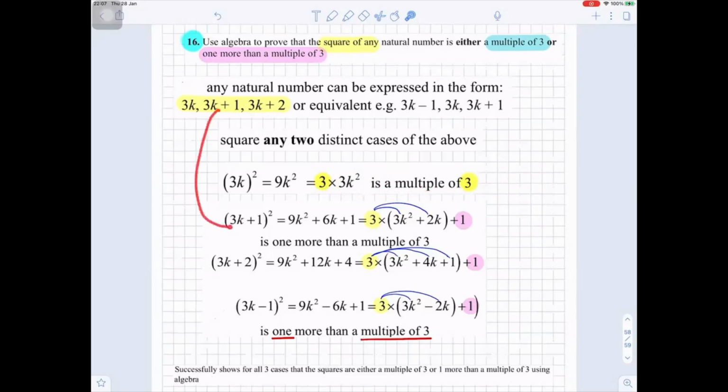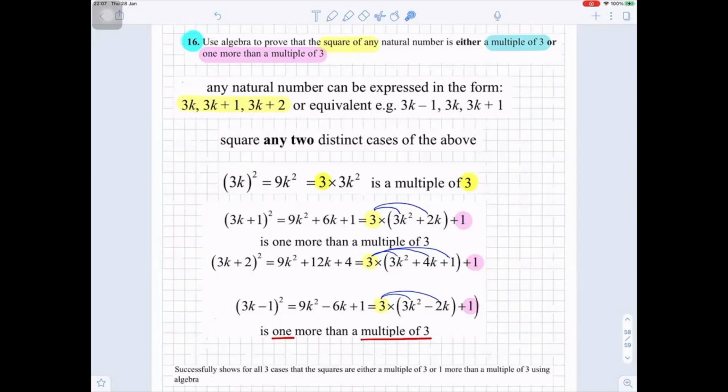3k plus 1 all squared will give us 9k squared plus 6k plus 1. 9 is the same as 3 times 3. 6 is the same as 3 times 2. So we can factorize and take out 3 from those two, and you're left with 3 times 3k squared plus 2k, plus the 1.